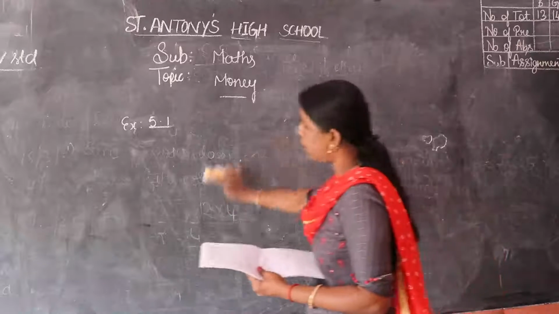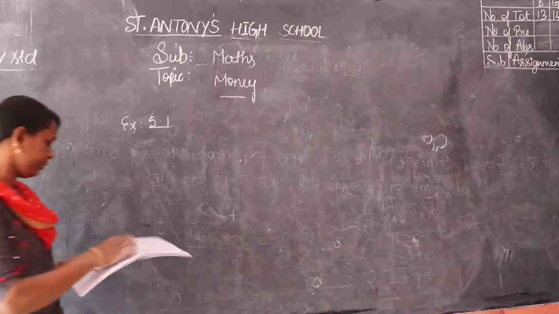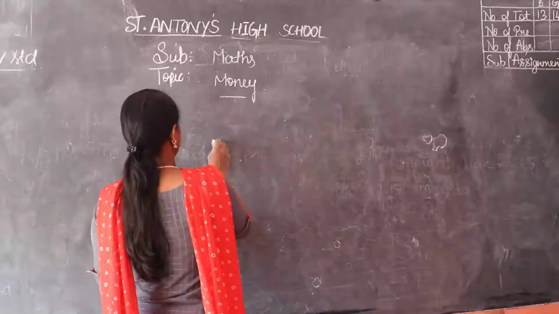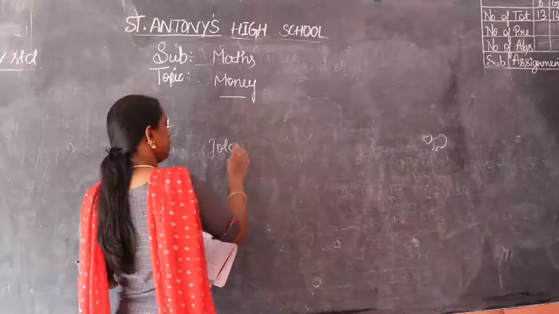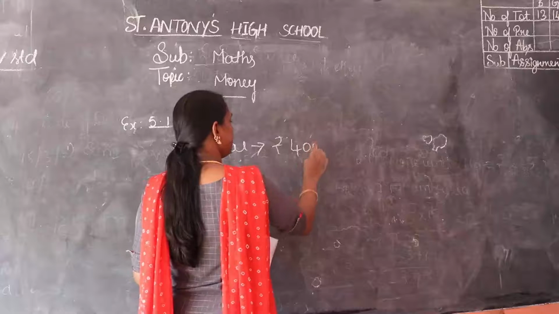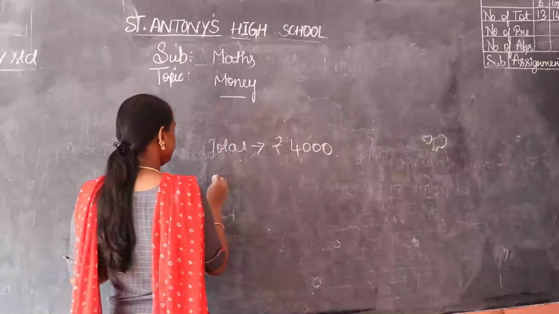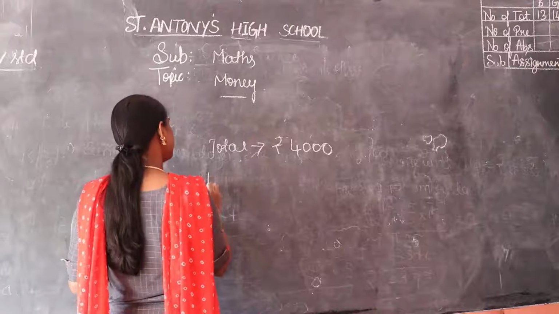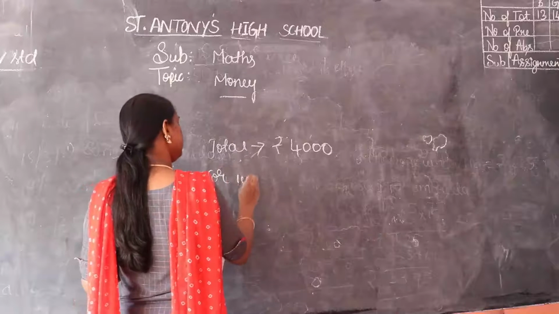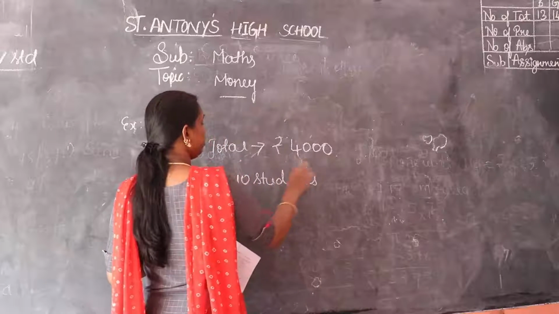So we have to divide 4,000 into 10 parts. So the total amount is rupees 4,000. For 10 students, this 4,000 is divided by 10.